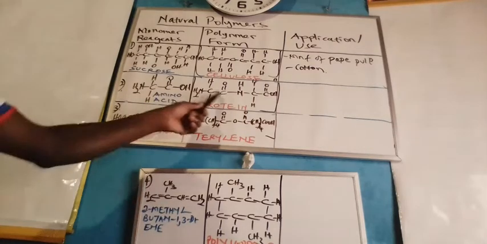The second natural form of polymer is protein, and protein is simply a polypeptide. A peptide is a form of amino acid, and when peptide combines with peptide, it means amino acid plus amino acid combine to form a polyamino acid or a polypeptide, and that represents protein.